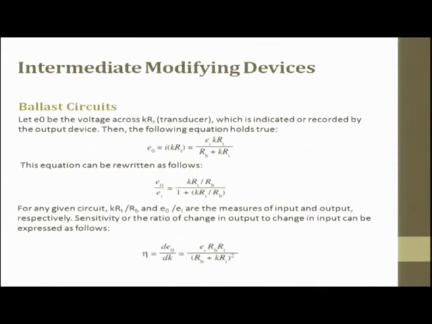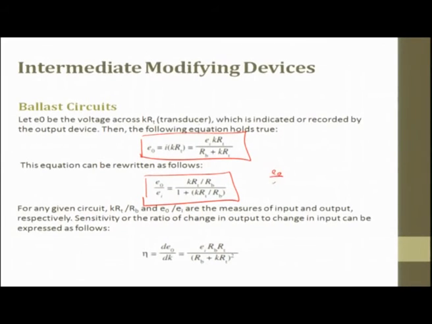So, if E naught be the voltage across KRT, which is indicated or recorded by the output device, then the following equation holds good. So, this is going back and tracing from the previous equation. So, this equation can be rewritten like this, and for any given circuit, KRT divided by RB and E0 by EI are measured input and output.